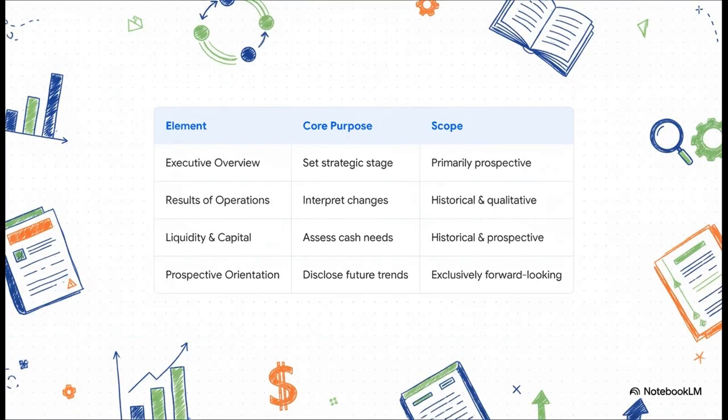This table lays out the essential chapters of your financial narrative, and what you should really notice here is the mix of historical and prospective or forward-looking information. A professional report isn't just about looking in the rearview mirror. It has to look ahead and talk about known trends and potential risks.